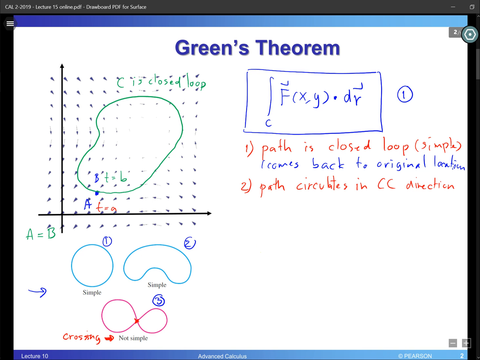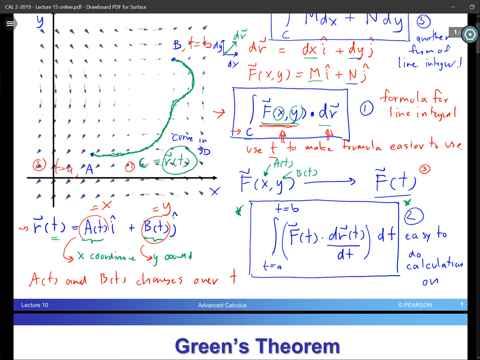As you have seen from above, when it comes to integrating along the curve, we have timestamp.